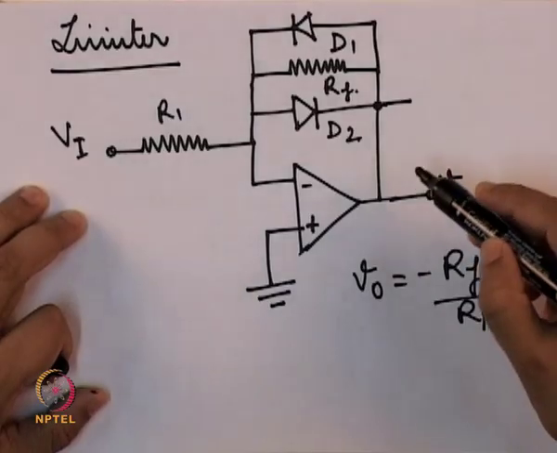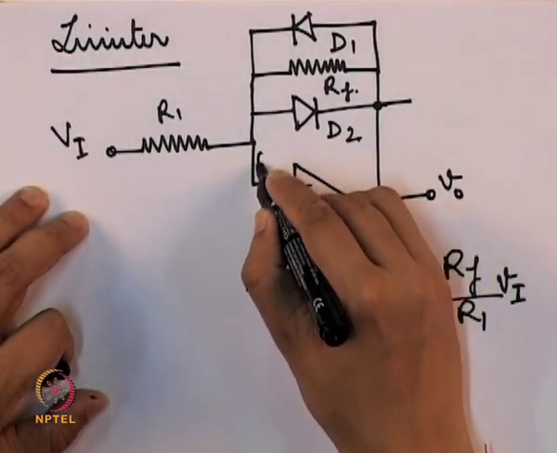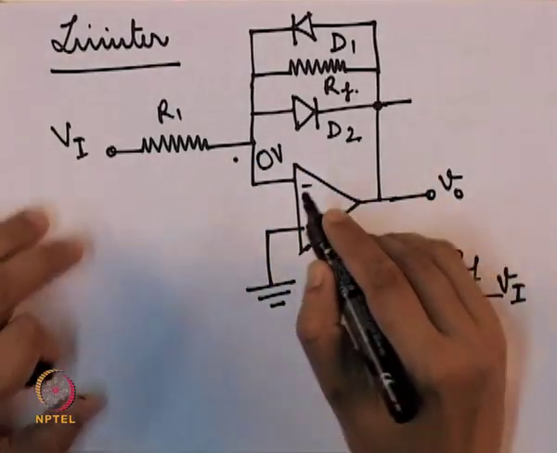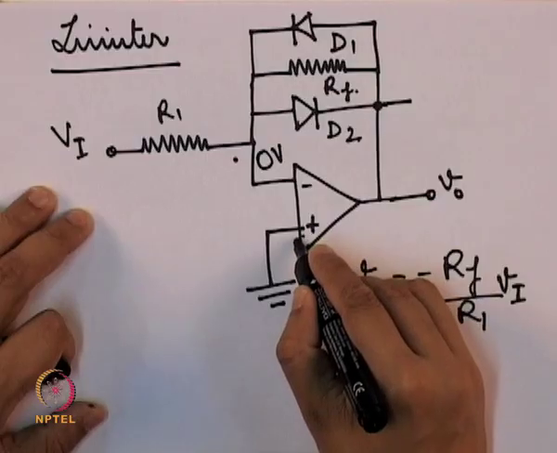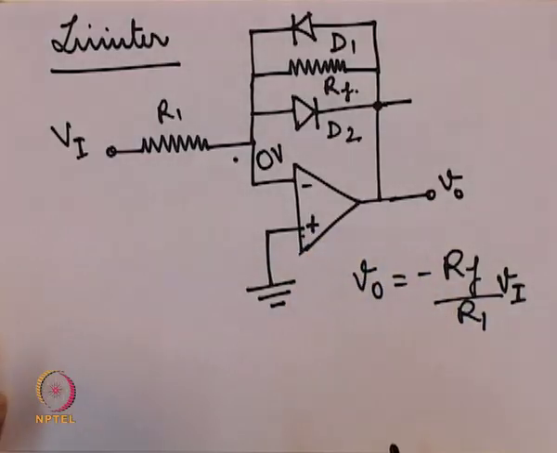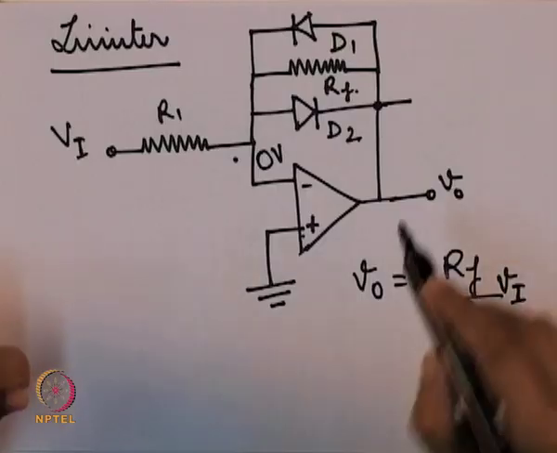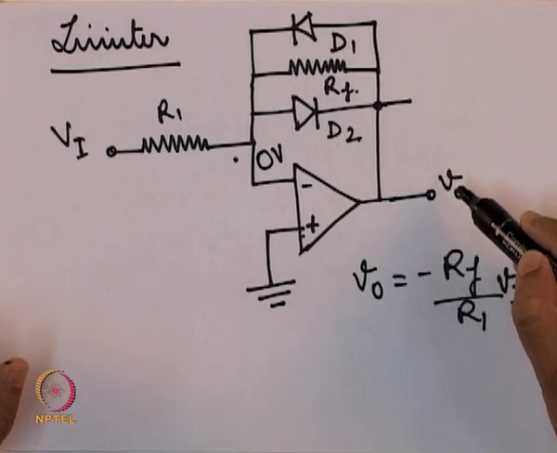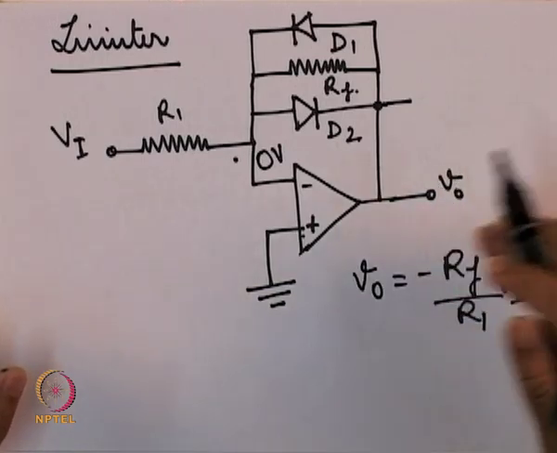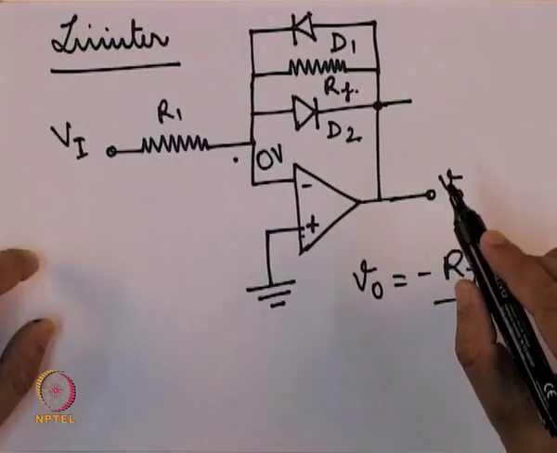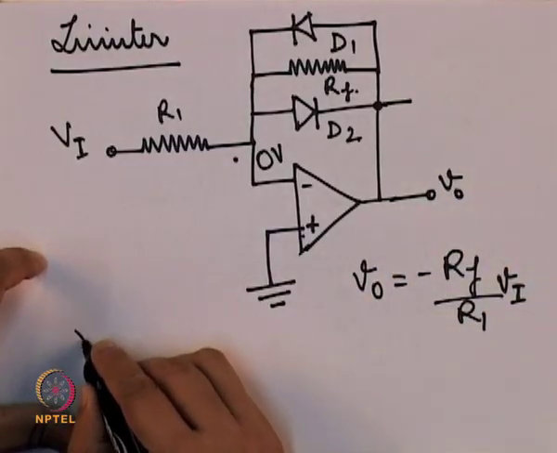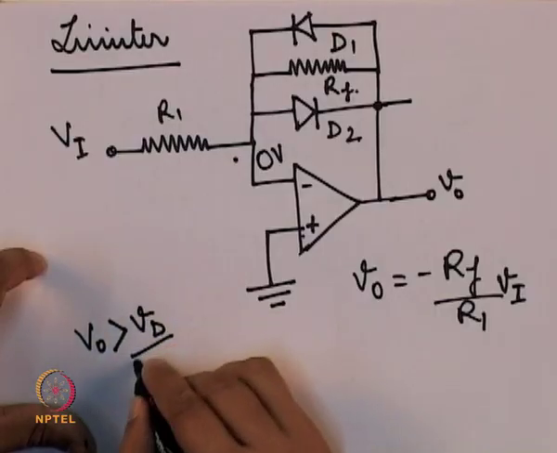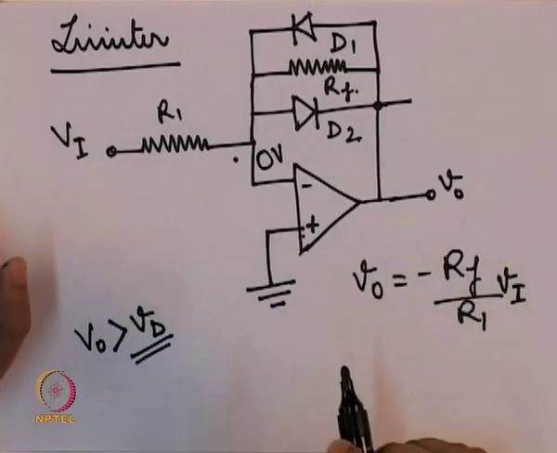Now, note here that this voltage will be at 0 volt, because the non-inverting terminal of the op amp is in a virtual short. Now, suppose for some reason the voltage Vo becomes higher, and say Vo is greater than Vd, where Vd is the threshold voltage of the diodes.